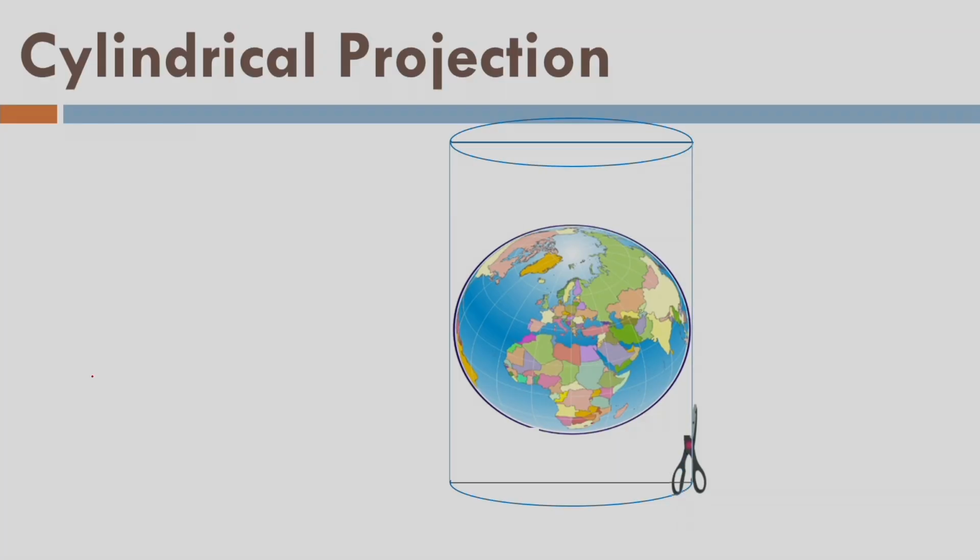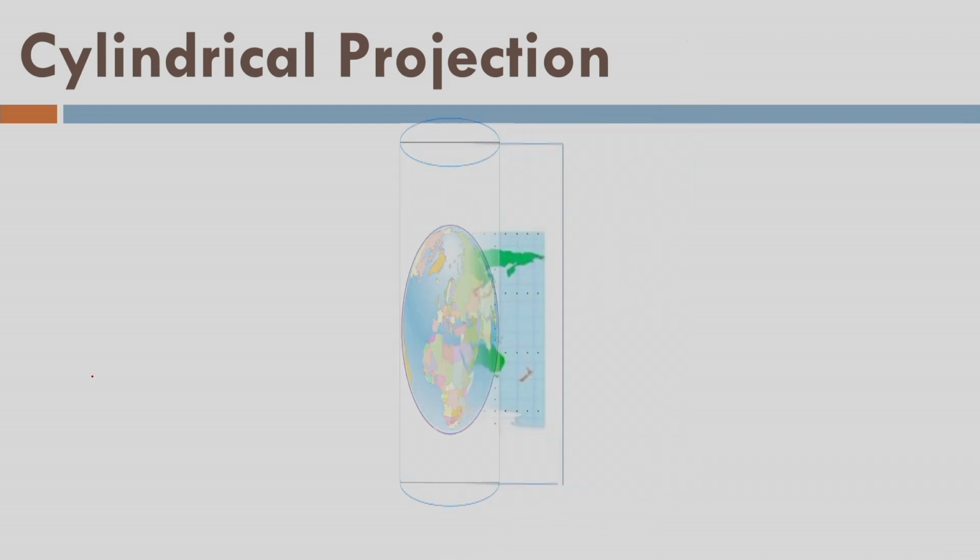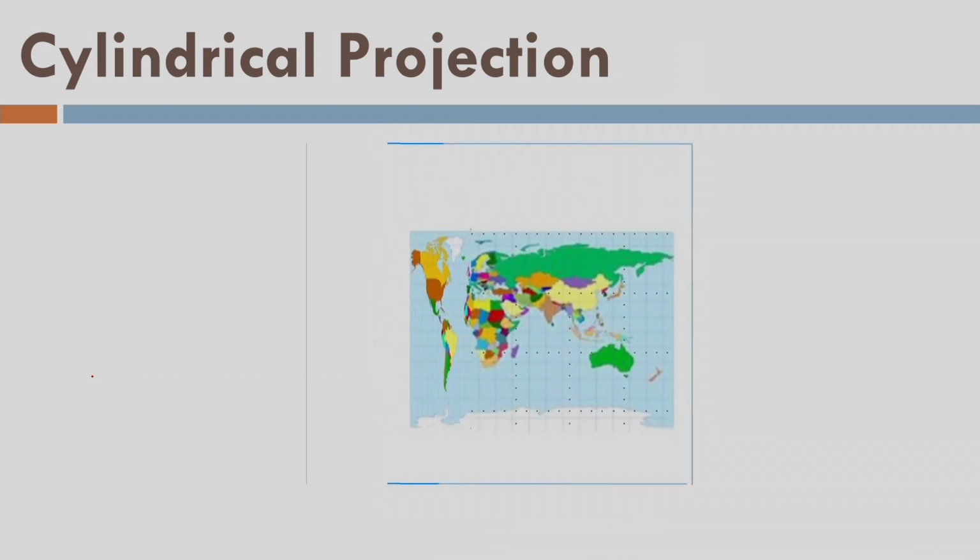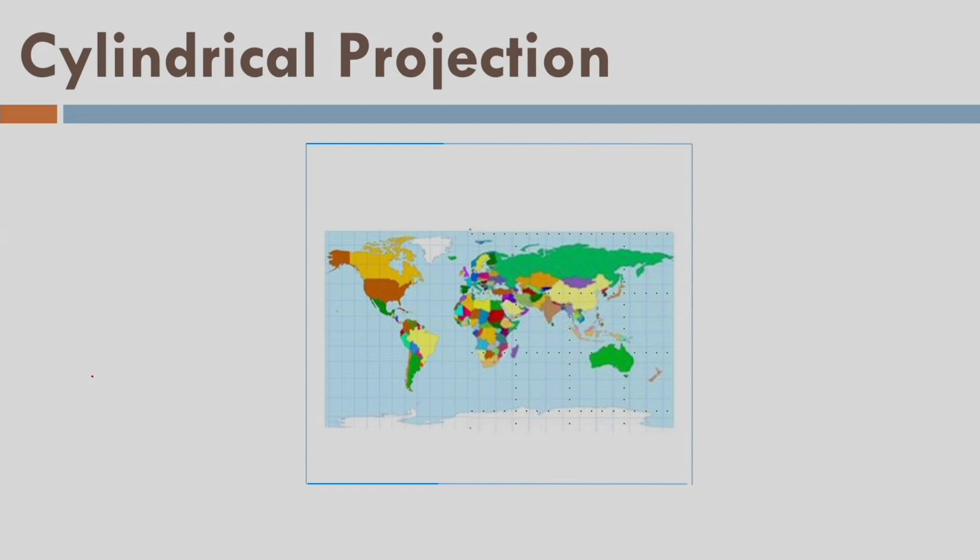So how will it appear? Let's look into the animation. So let us say I have cut the cylinder and then I am unfolding it. Since all the projected points which I projected on the surface of the cylinder, now it will open like this, like unfolding a book, or rather you are unfolding a cylinder like this. So this is what cylindrical projection is, and which we are doing on a curvilinear surface.